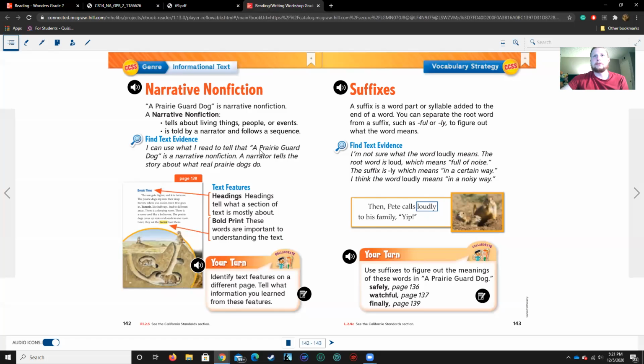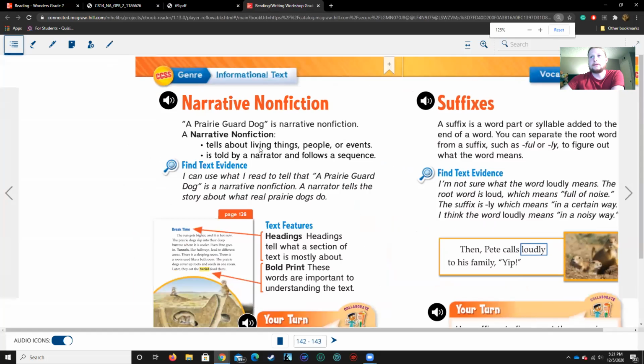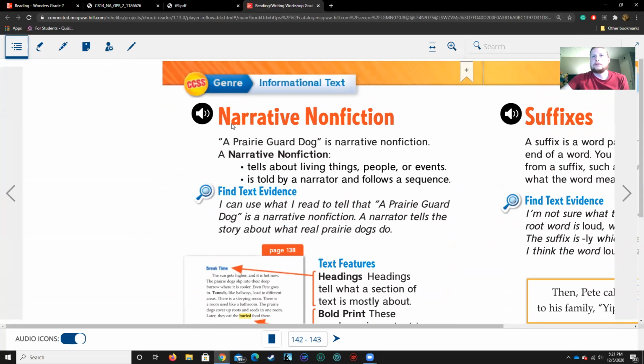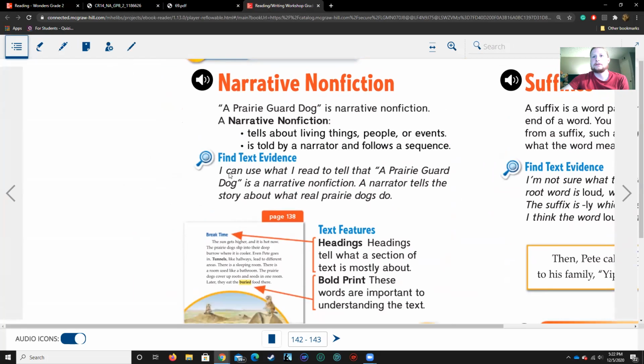All right, so the first thing we're going to do is start with narrative nonfiction, and we're going to look at this page first. A prairie guard dog is narrative nonfiction. Narrative nonfiction tells us about living things, people, or events. It is told by a narrator and follows a sequence. A very important thing to do with narrative nonfiction is to find textual evidence.